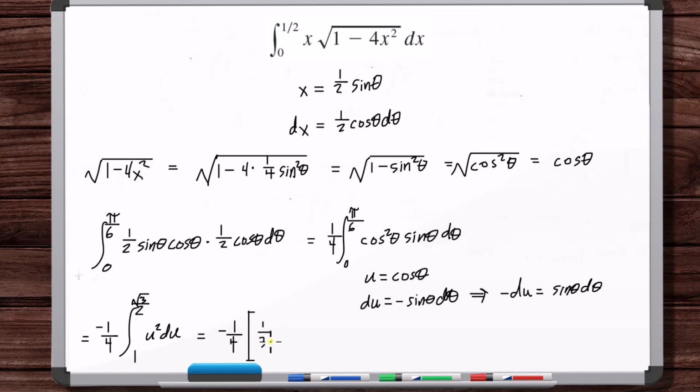So 1/3 u cubed, and let's take out the 1/3. So minus 1/12 u cubed from 1 to root 3 over 2.